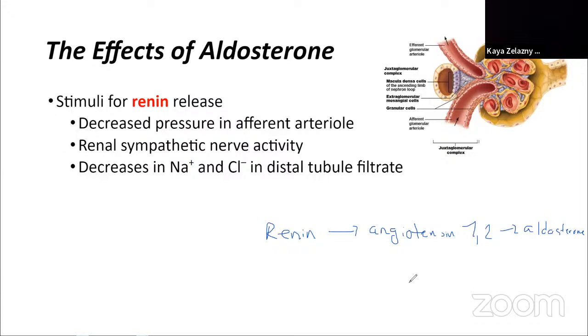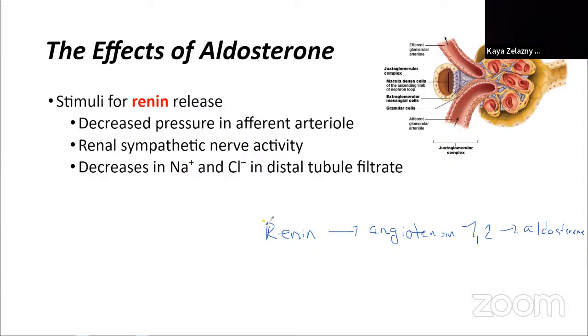So the stimuli for the release of renin at the beginning here are going to be signals that tell us that we've had a drop in blood pressure. The whole goal of this system is to raise blood pressure back up. So if we sense anything that tells us we have low blood pressure, we're going to start releasing renin. So ways we might know from the kidney perspective that we have low blood pressure: we might sense decreased pressure in the afferent arteriole.